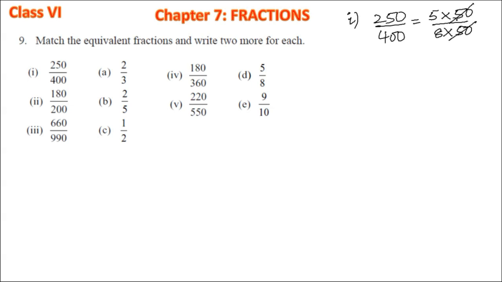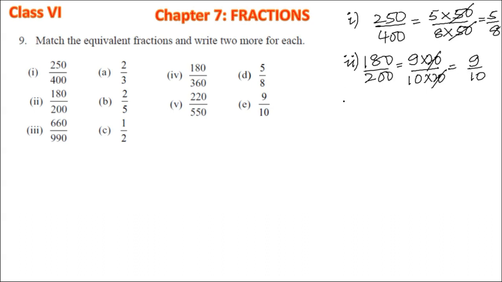This 50 gets cancelled, this will be 5 by 8. For the second one, 180 upon 200, we can express this 180 as 9 times 20, and this as 10 times 20, so that 20 gets cancelled, we get the standard form as 9 by 10.